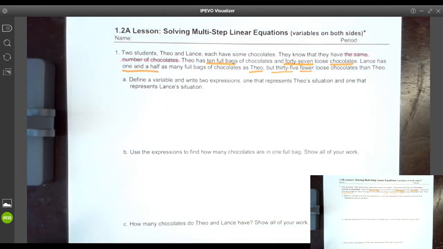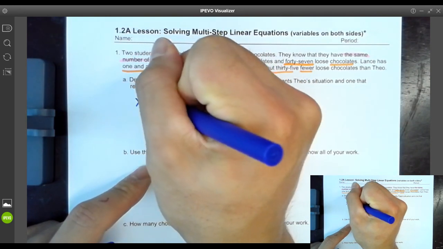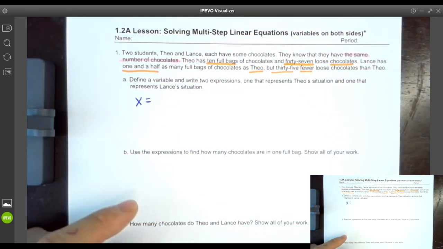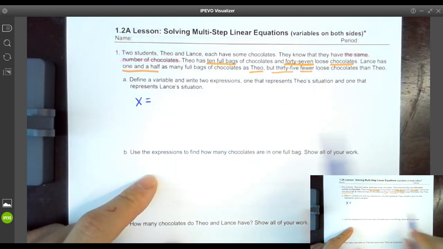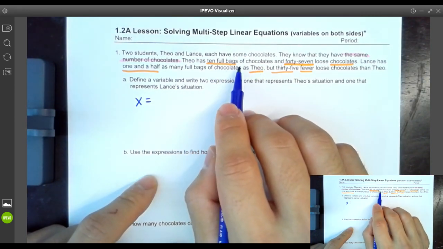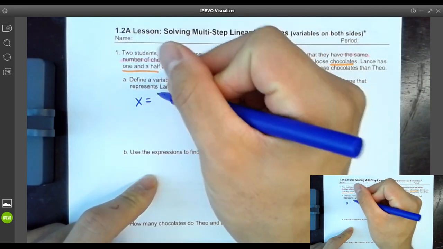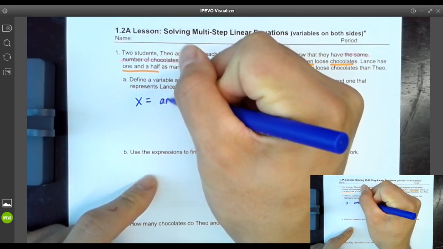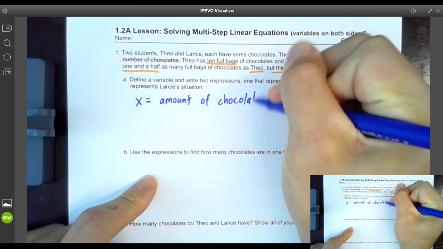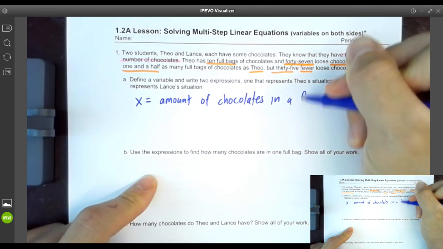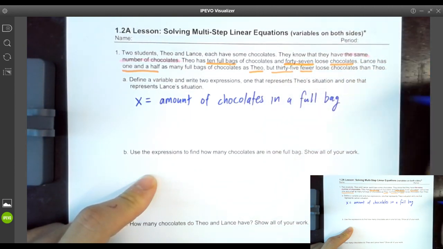Okay, so I think it's now time for us to just write some expressions for each person. Let's first define x. So what do you think should be defined as x? Well, the thing that we do not know right now is how many chocolates are in a full bag. So let's have x represent the amount of chocolates in a full bag, right?